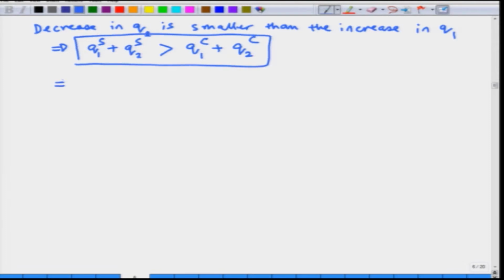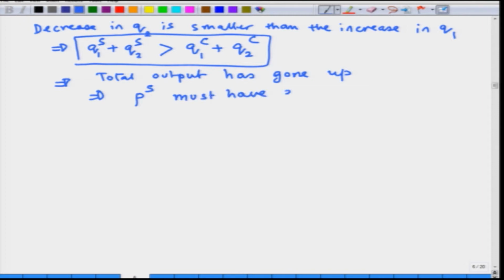In other words, total output has gone up, which then implies that the price must have gone down, right. So, the total output has increased, so that must mean that the price has come down.